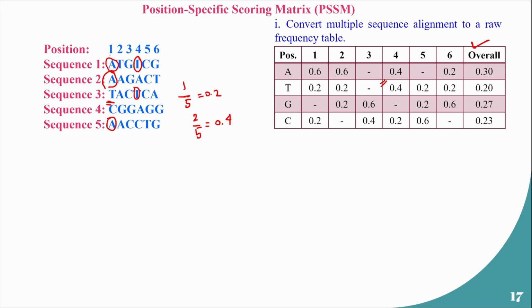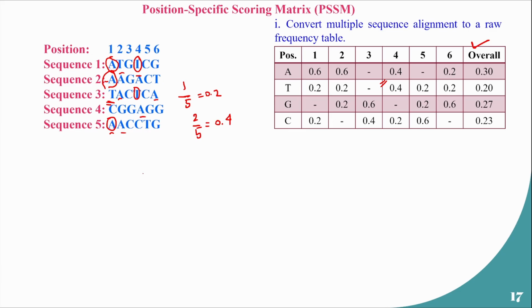For example, we have one here, and then 2, 3, 4, 5, 6, 7, 8, 9. So in total we see 9. And in this total set of sequence alignment, 30 residues are present, 5 times 6 equals 30. If you divide 9 by 30, it will give you 0.3.